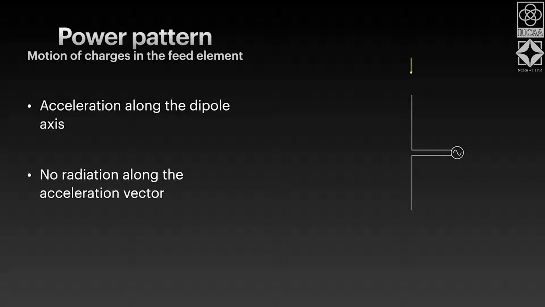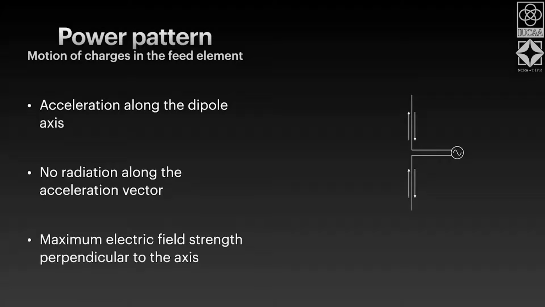From basic electrodynamics, we know that along the direction of the acceleration vector you won't see any radiation, and the transverse electric field strength, which causes wave propagation, is maximum in a plane perpendicular to the axis of the dipole.